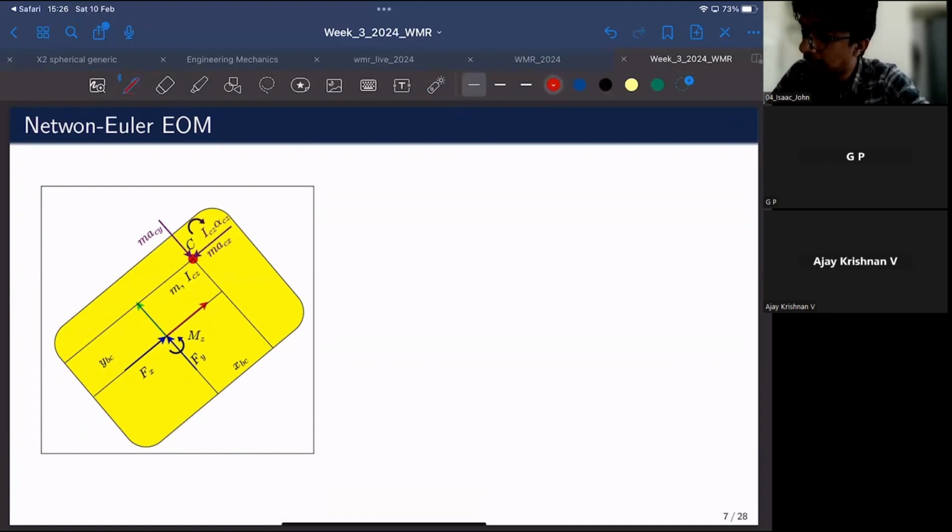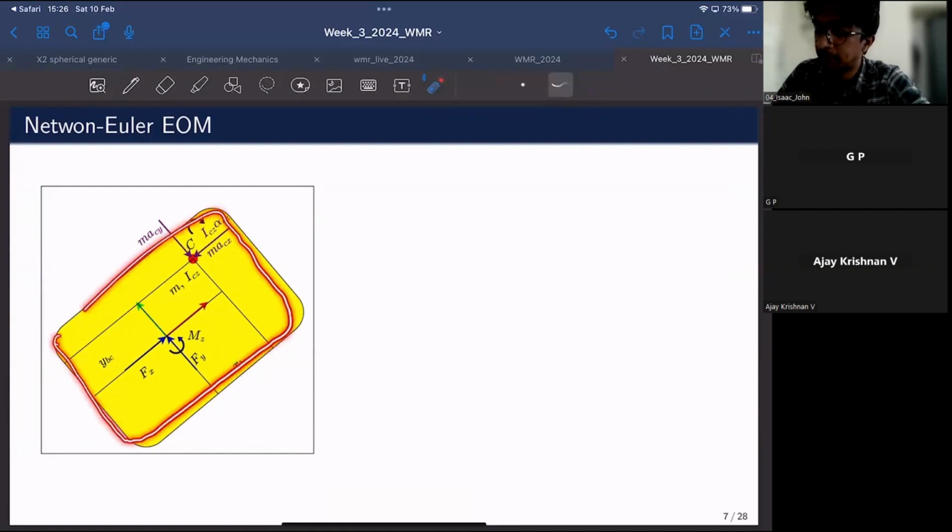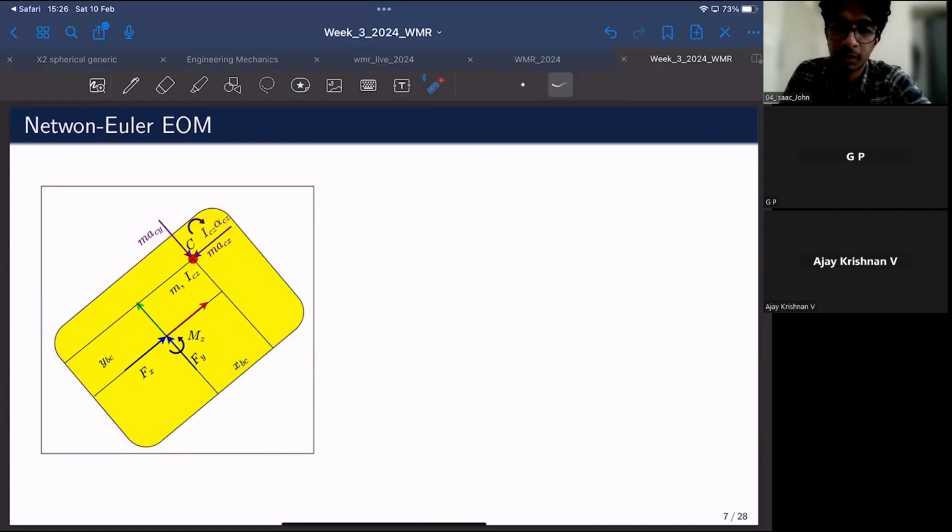What you have over here is more or less similar to the earlier diagram that we have seen for the Euler-Lagrange method. Similarly, we also have the body fixed frame rigidly attached at the geometrical center of the platform. And we also have the center of mass, or center of gravity of the robot, somewhere a bit offset from the centroid by a distance xbc with respect to the vertical y-axis, and ybc with respect to the horizontal x-axis.